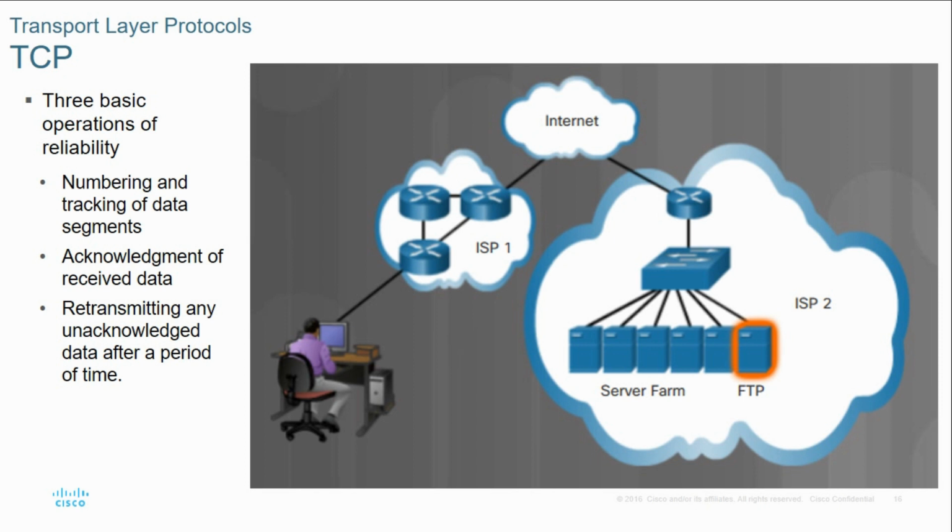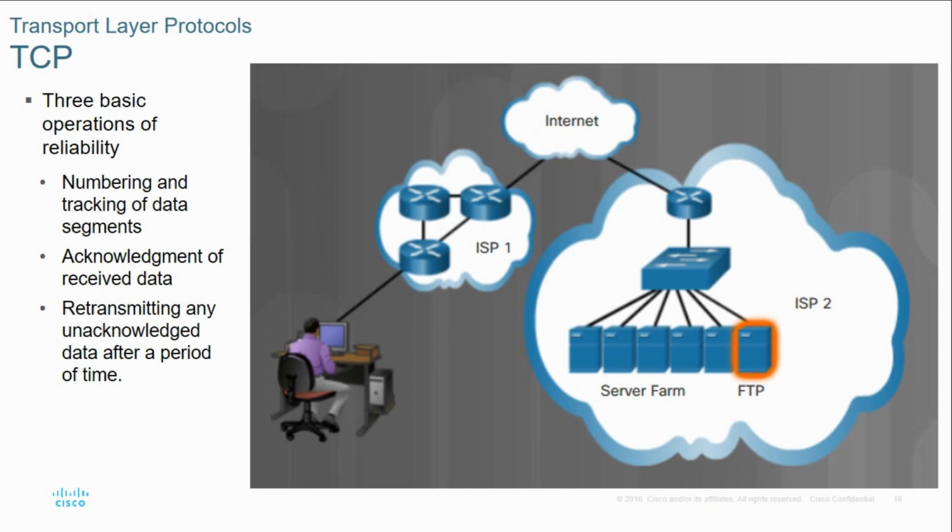It means that it makes sure that all of the data arrives at the destination. There are three operations that happen in this protocol. Number one is the numbering and tracking of data segments to a specific device from a specific application.